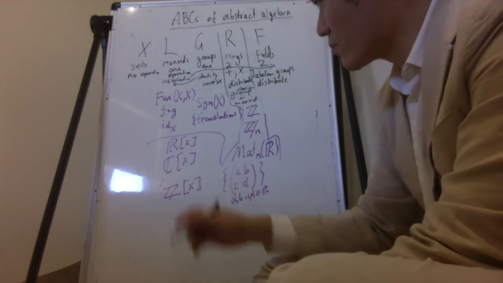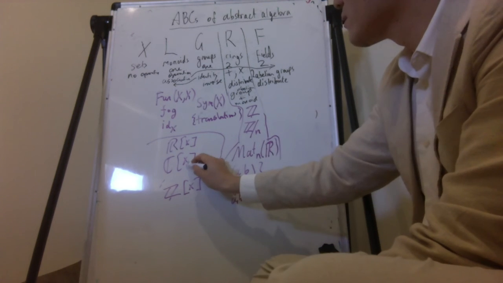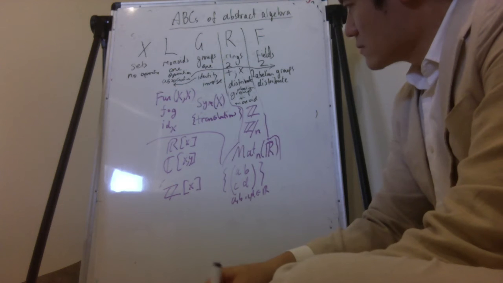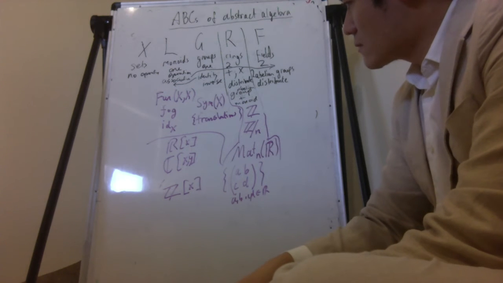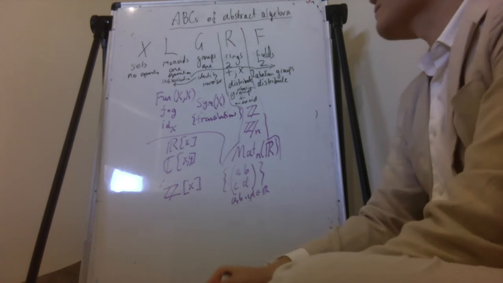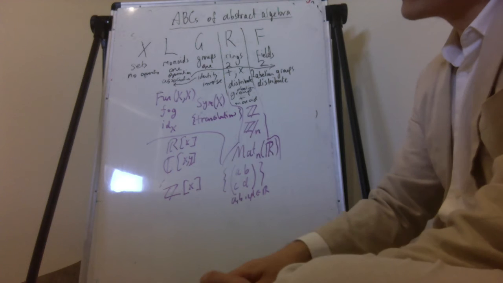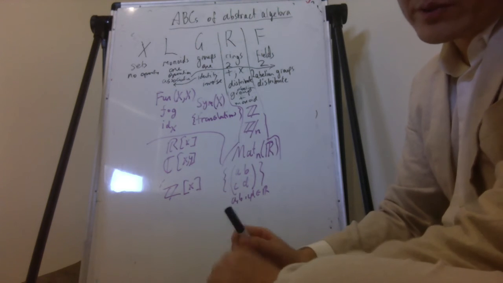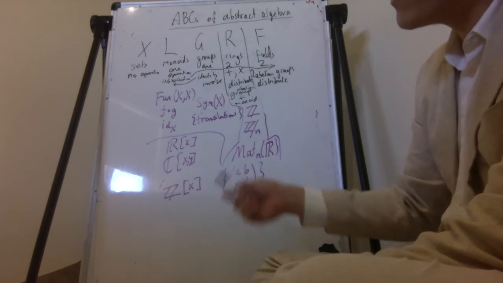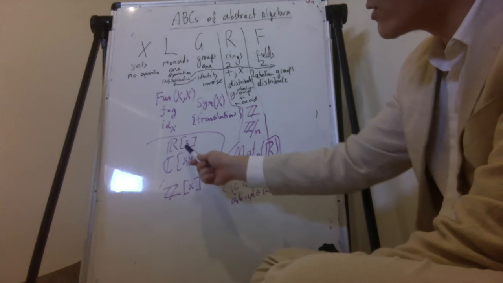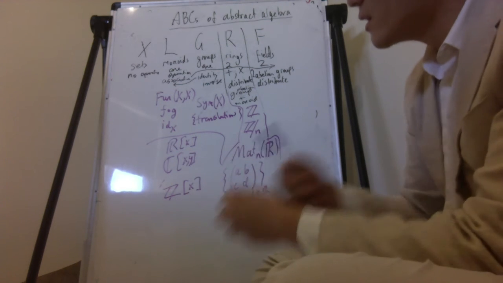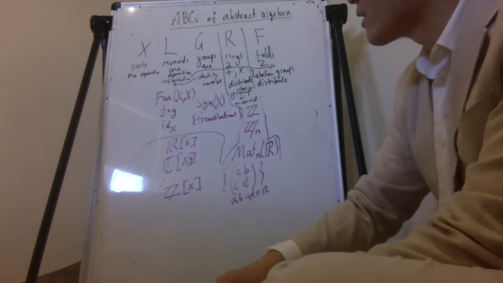Okay, and you can have it in multiple variables as well. In some sense, we particularly care about the ones that are finitely generated. So the ones where you can only have one or two variables that determine the whole ring.